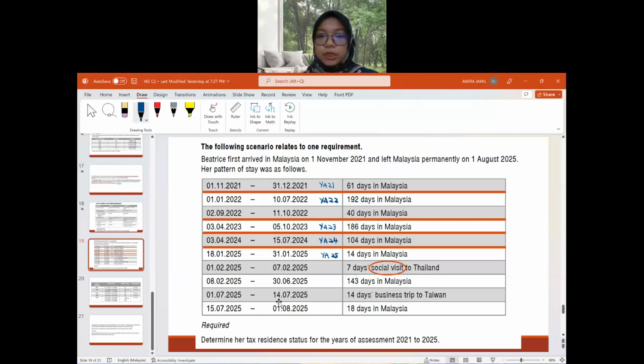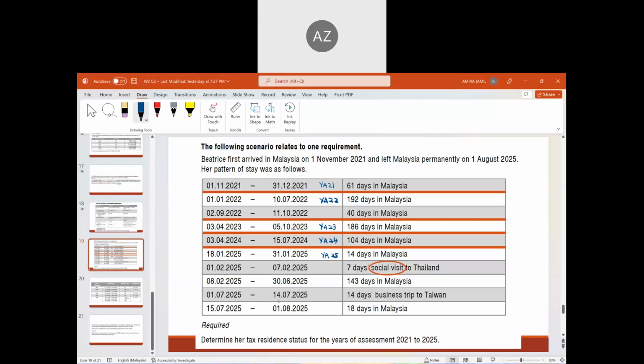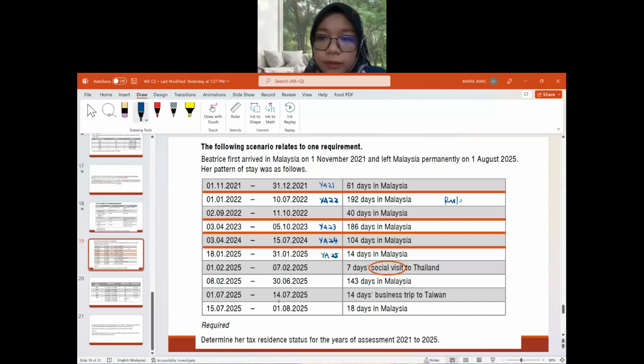For rule number 1, which year of assessment? Anyone? 2022. 2022, this one is rule number 1.